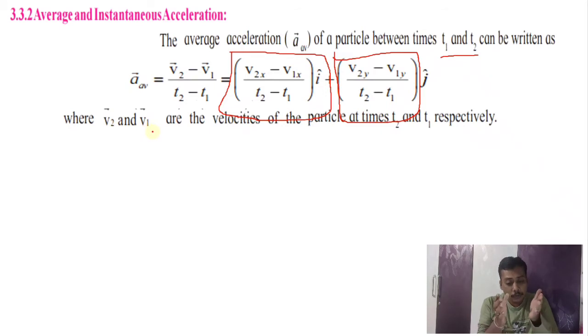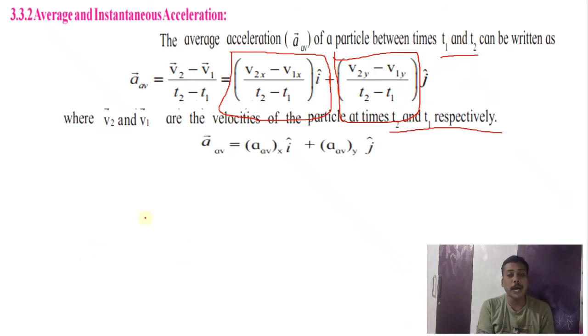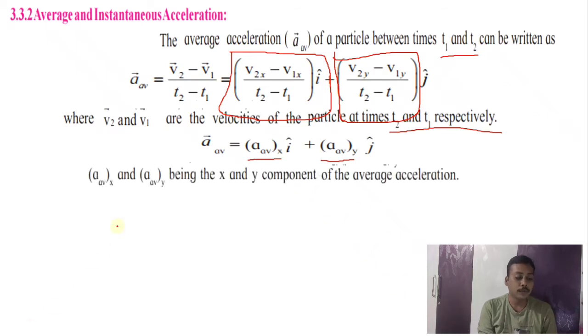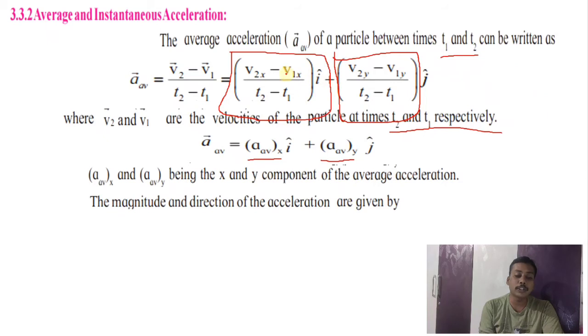So the quantity which is the multiplier to i cap is the x component of acceleration, and the quantity which is the multiplier to j cap is the y component. So for this we write, where v2 bar and v1 bar are the velocities of the particle at t2 and t1 respectively.